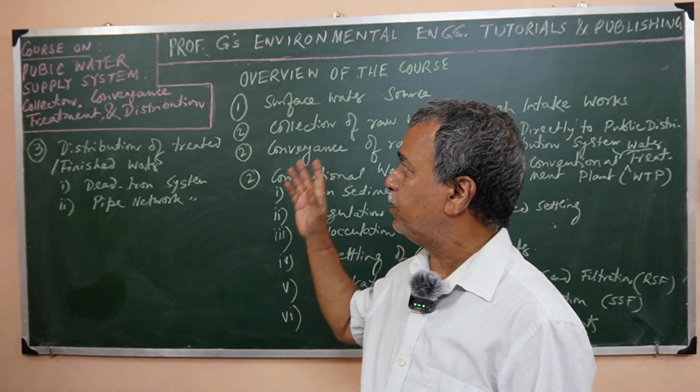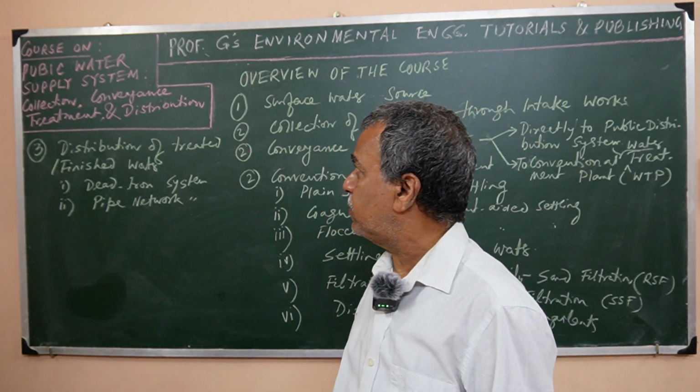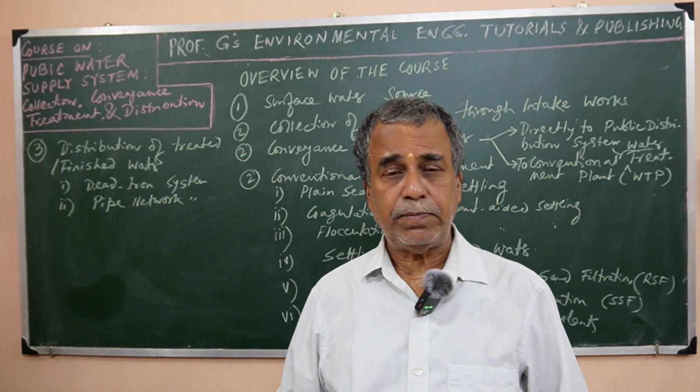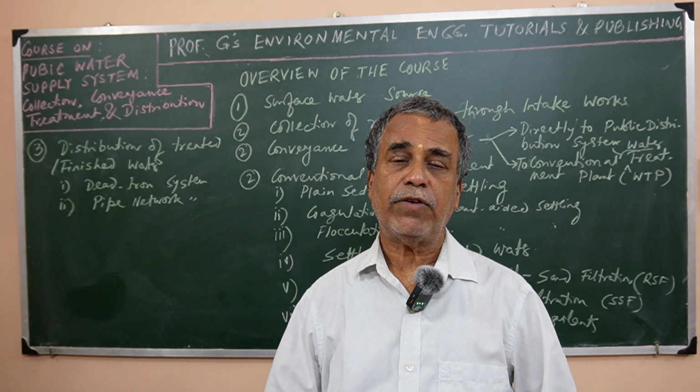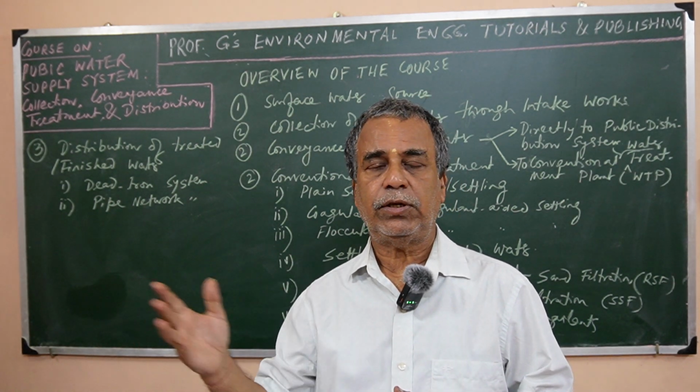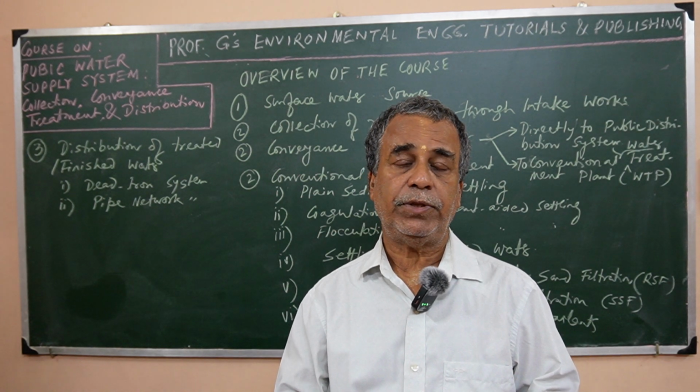And you see that the public water supply system covers the collection, conveyance, treatment, and that would be the conventional treatment also. And you know that that would be the distribution.